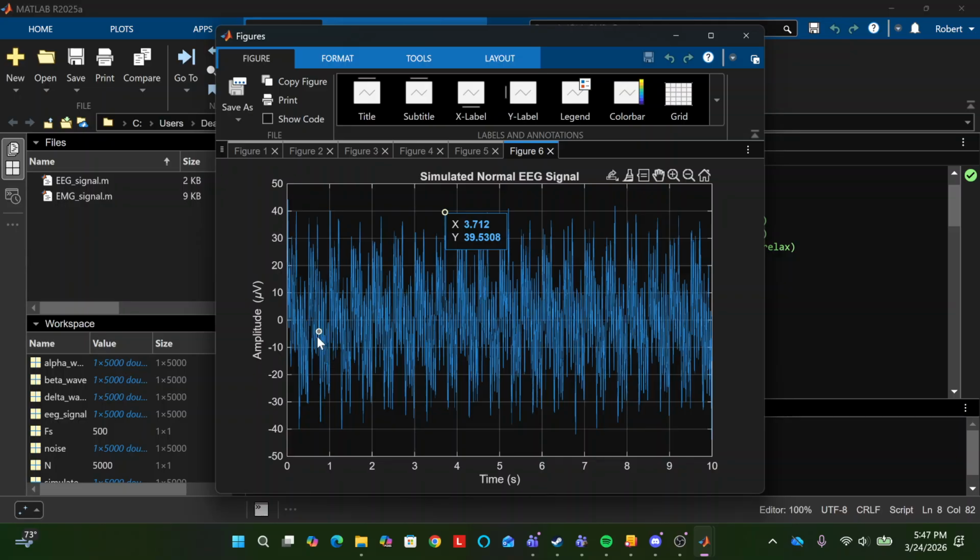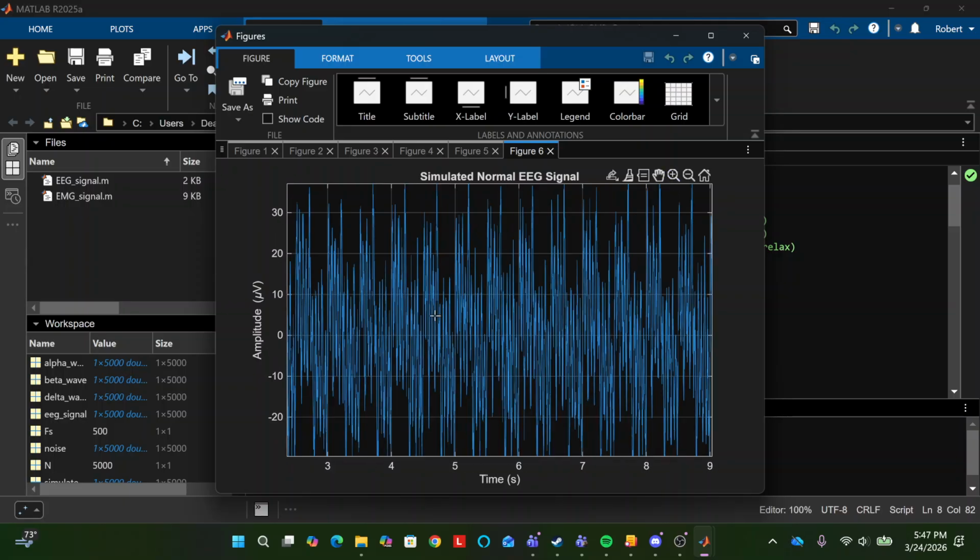When we add the noise, you can start to see that the noise is a factor. And now it kind of makes these things a little bit harder to read. And we can zoom in on this. So we can zoom in on it.